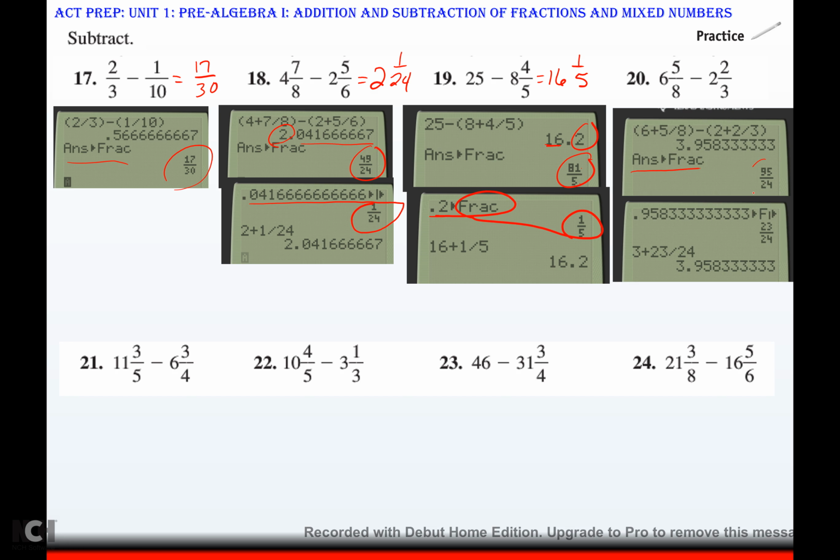Math enter gives me an improper fraction, but this tells me that 24 goes into 95 3 whole times. And if I turn the 0.9583 repeating into a fraction, I get 23 over 24.